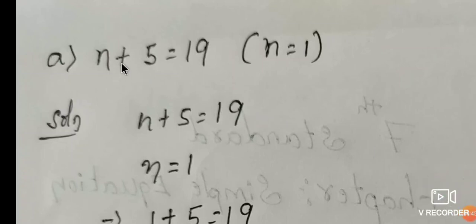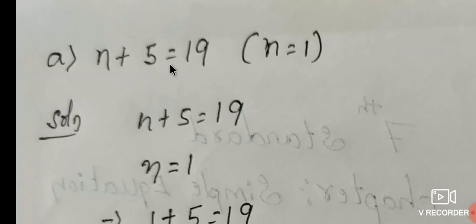They have given n plus 5 is equal to 19, n is equal to 1. This is called an equation. n plus 5 is equal to 19 is called an equation. Why, sir? Because this contains an equality sign.